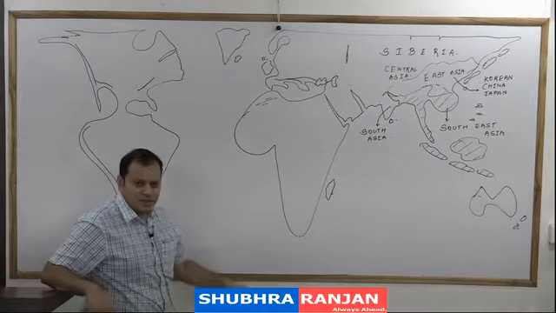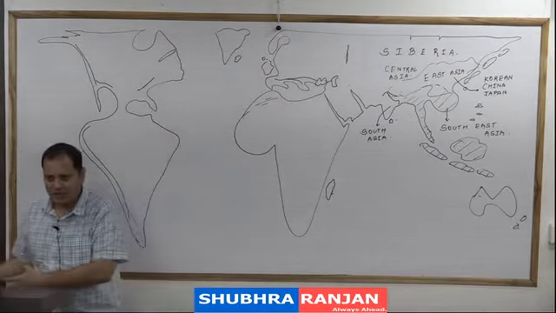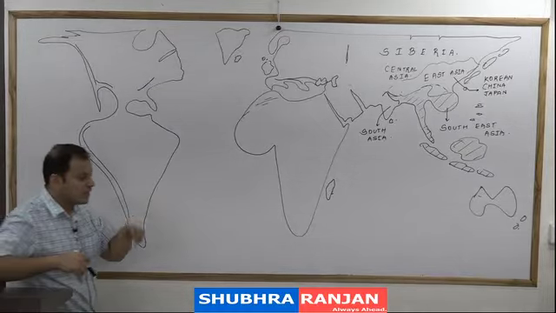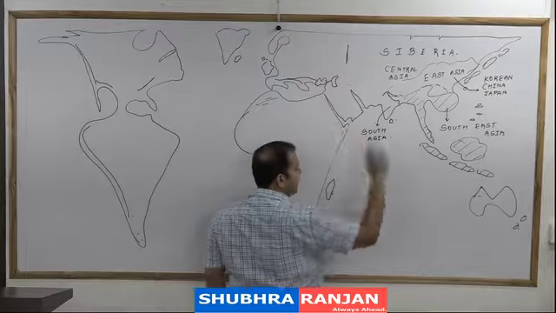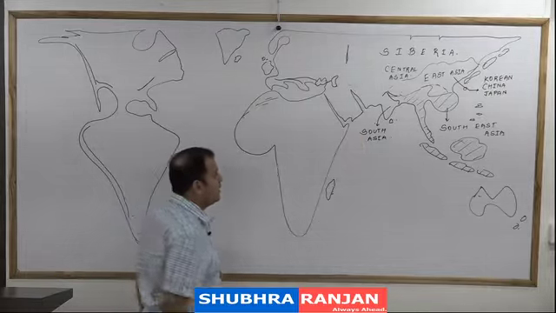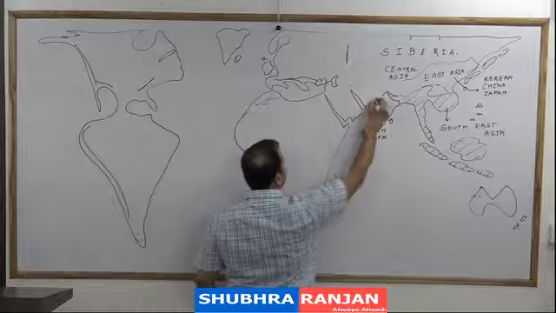Then South Asia, which consists of Pakistan till Sri Lanka and even Maldives. Maldives is a small island which is present here in Indian Ocean. And then from the west of Pakistan, ये है Iran.